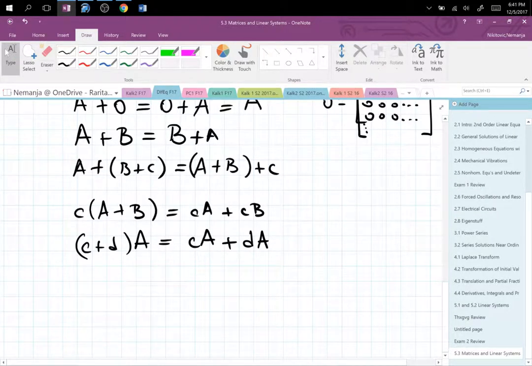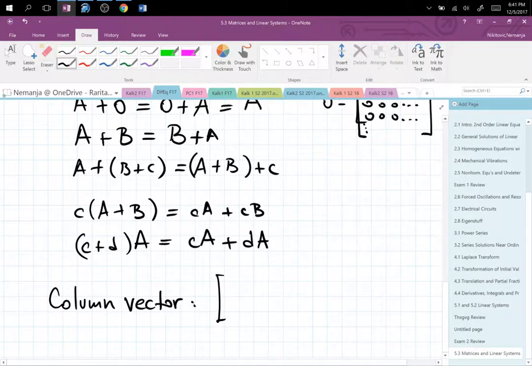So these properties work with matrices. Now, a very important creature is a column vector. A column vector would be A1,1, A2,1, A3,1, A4,1, going on forever. We call it a column vector, but it's actually a matrix.